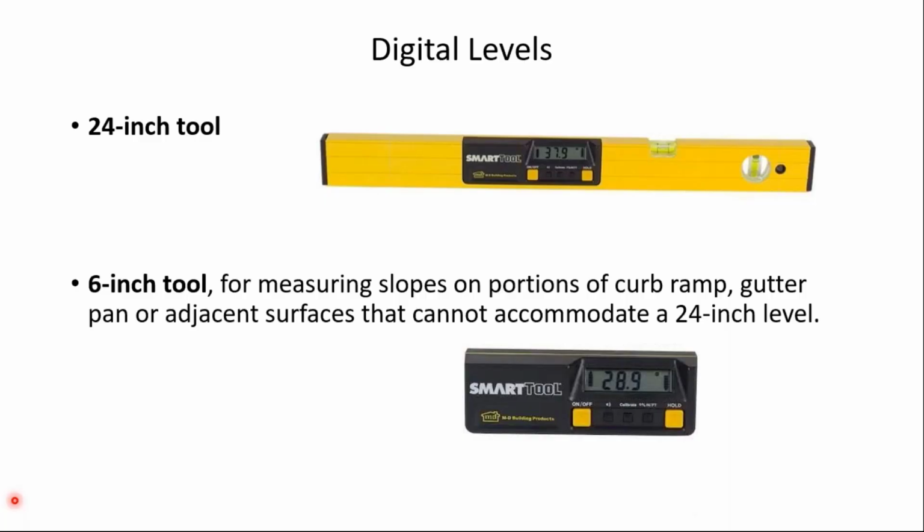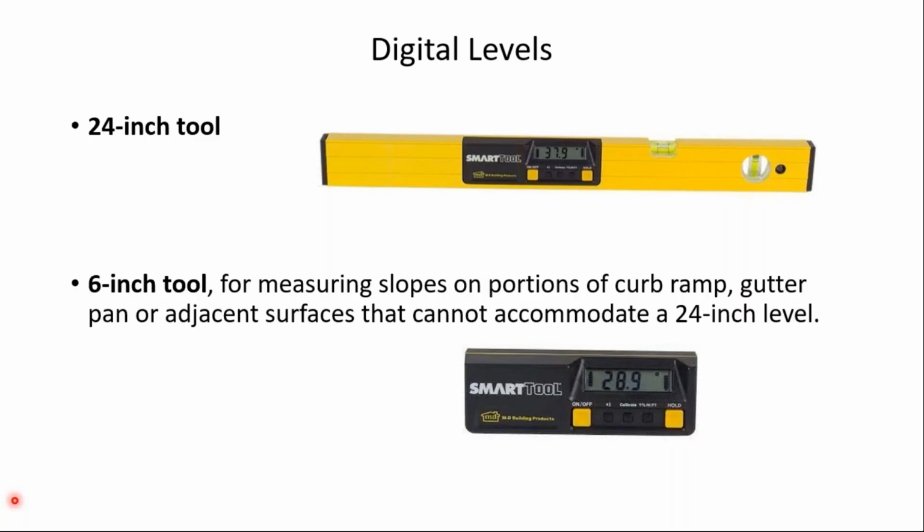Now, I mentioned digital levels. Interestingly, PROWAG does not make any mention of or requirement of the measuring devices. My advice is to use a 24-inch digital level. Number one, that approximates the wheelbase of a manual wheelchair, so that's one reason why it's appropriate.